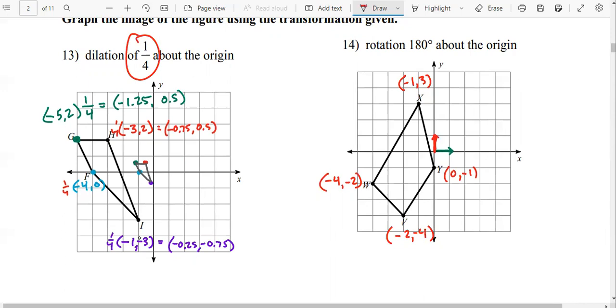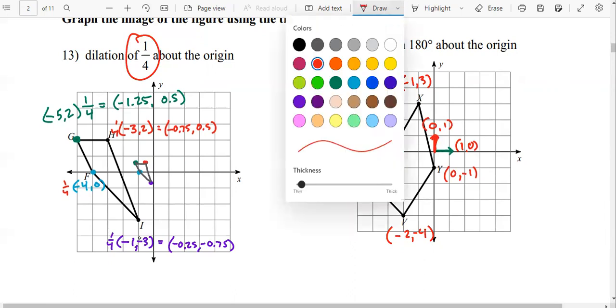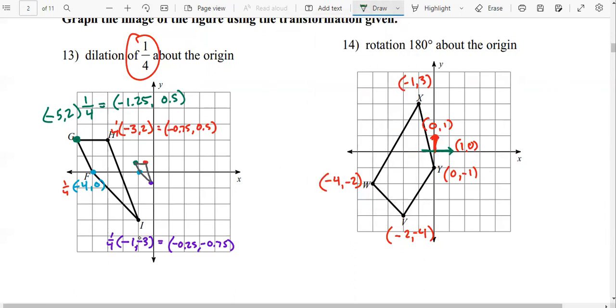So if we were to take these vectors, this is a 1, 0 vector, and this is a 0, 1 vector. Those are just the unit vectors, and all of these points, x, y, v, and w, are made up of these unit vectors, just multiples of them. So if we were to rotate these 180 degrees, this green one would be pointing this way. It would be -1, 0.